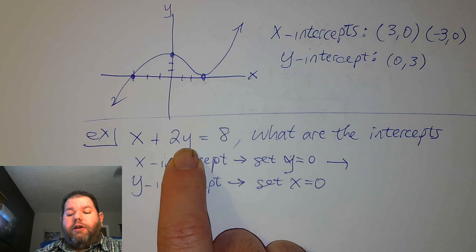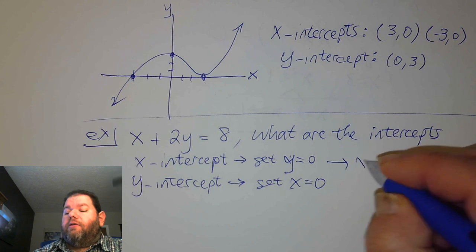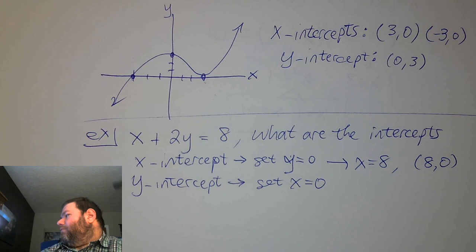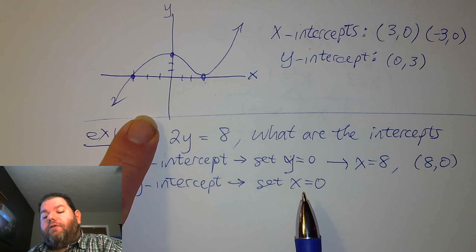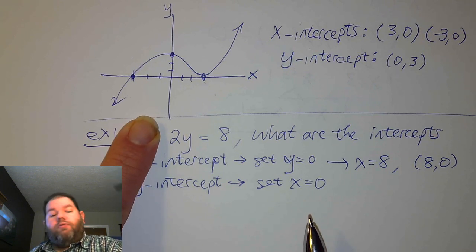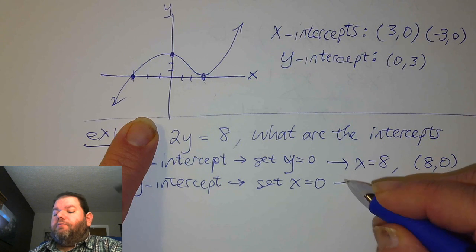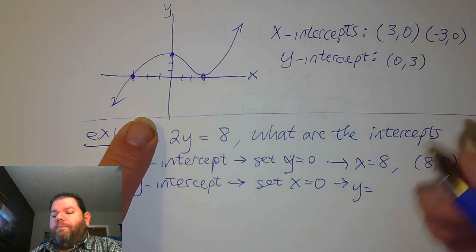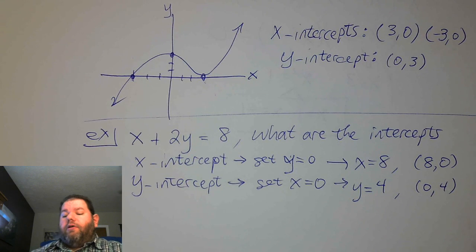Putting y equals 0 in here, we just get rid of that term entirely, so x is equal to 8. Okay. If we set x equal to 0, that gets rid of our x. What would y equal then? Four. And so our ordered pair would be 0, 4, and that would be our two intercepts here.